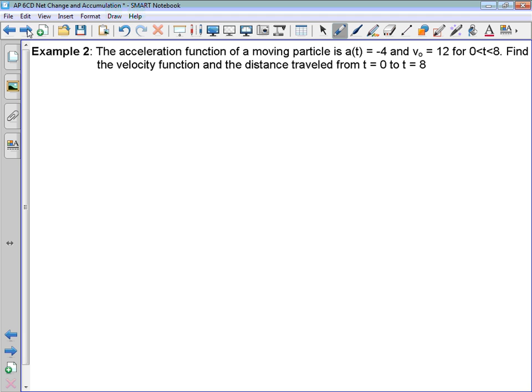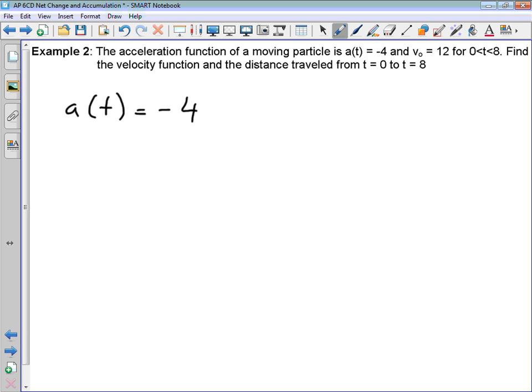Okay. So they're giving us the acceleration function. They ask us to find the velocity function. So how are we going to find our velocity function here? What do you think we have to do? How are velocity and acceleration related in calculus terms?